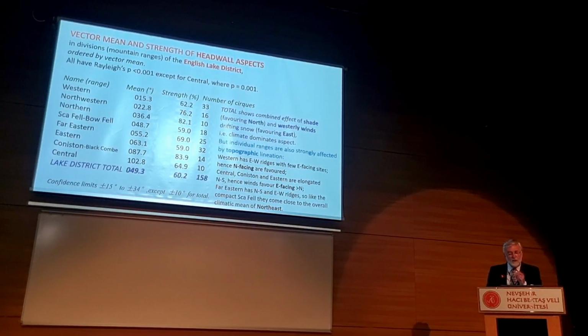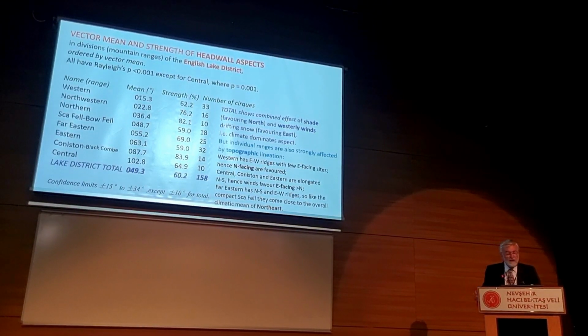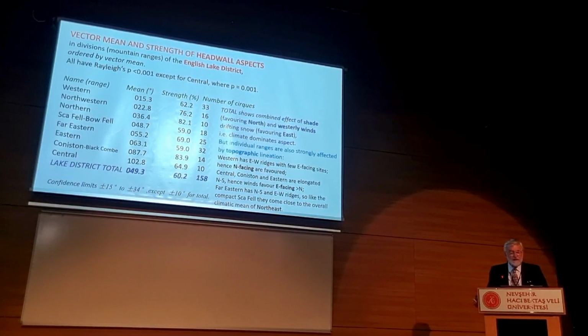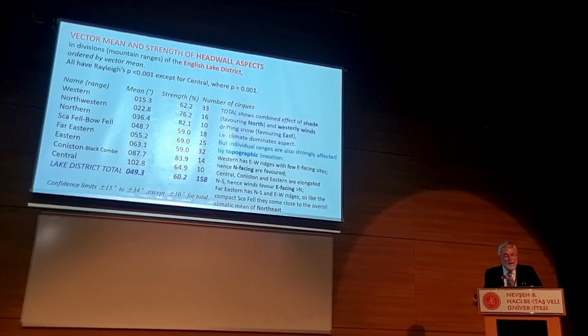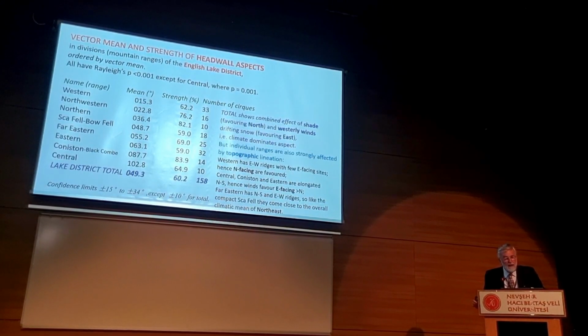However, if you look at the small area, then it's affected, of course, by the direction of the ridges. So in this case, the western region has east-west ridges with few east-facing sites for glacier formation, and hence north-facing cirques are favoured.